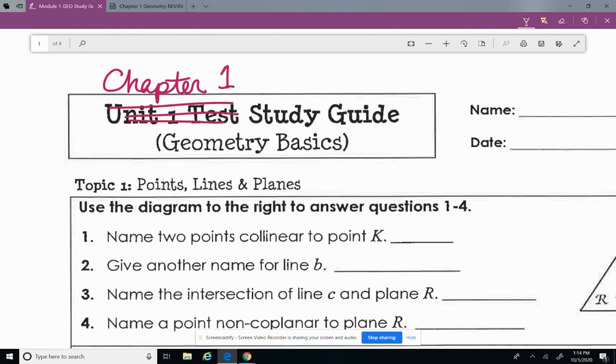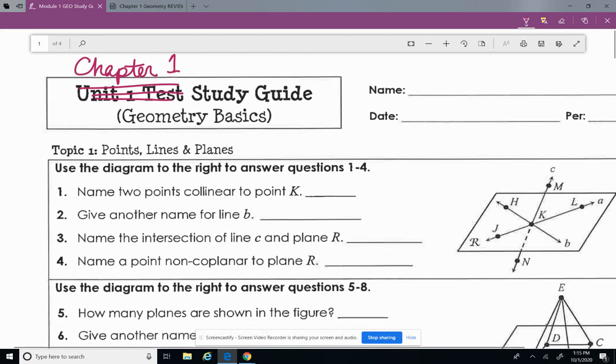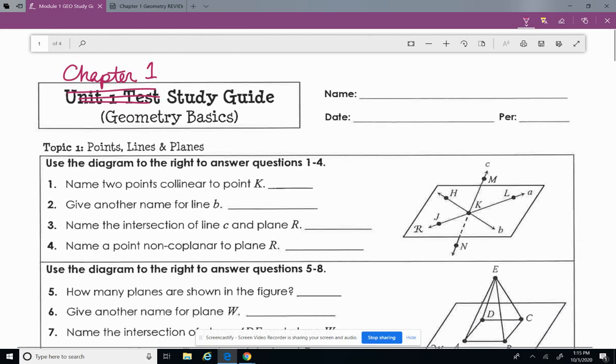If you would write that up at the top of your page, if you're writing in your notes. If you're writing on this paper and you printed it out, there's no need for you to write that. All right, so you're going to do problems 1 through 4. So go ahead and number 1, 2, 3, 4, and you don't need to leave any spaces in between.